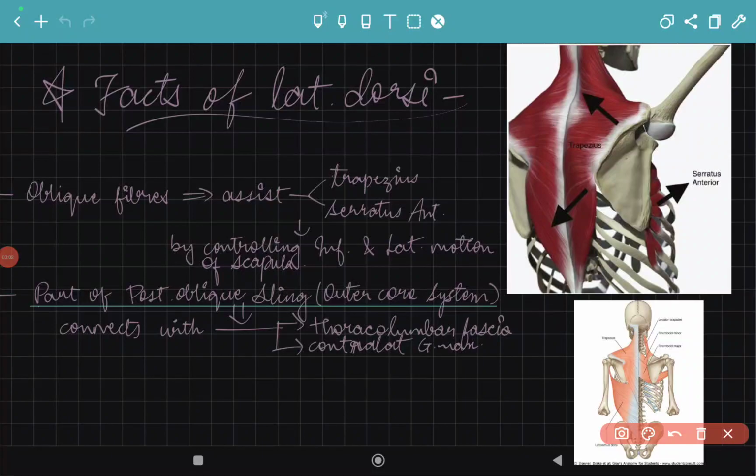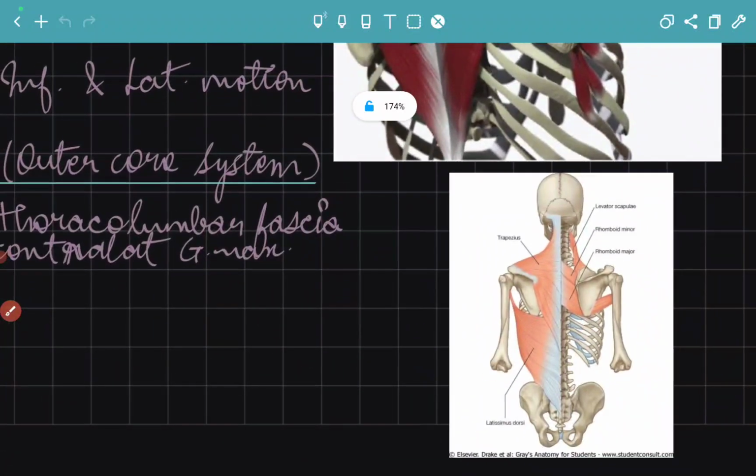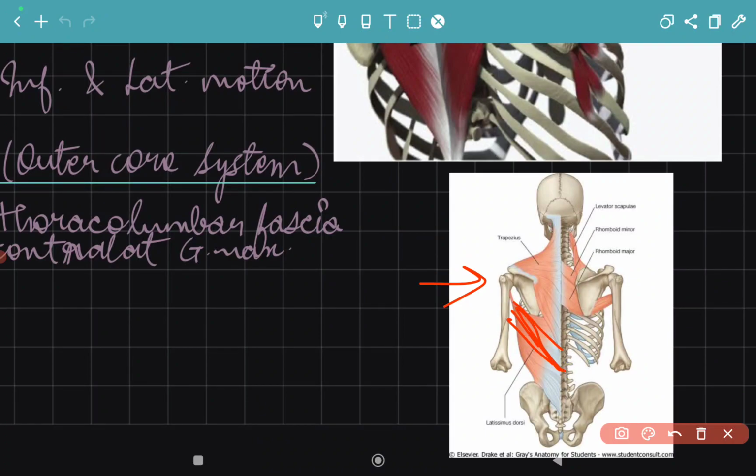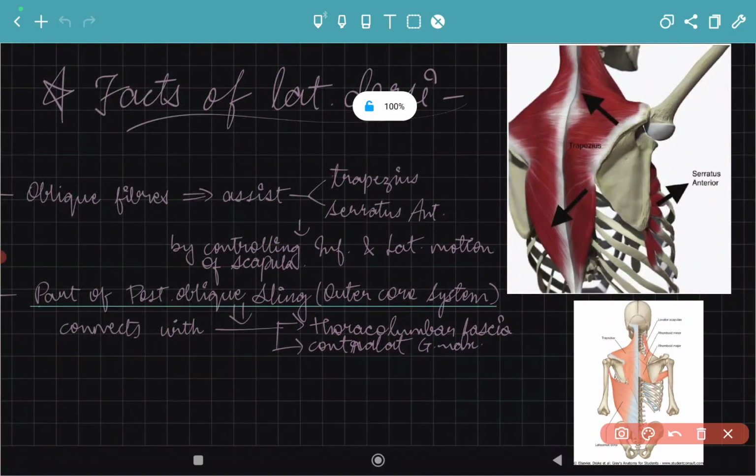Now let's discuss the facts of latissimus dorsi. As we can appreciate in this picture, the latissimus dorsi has oblique fibers, and these oblique fibers will assist trapezius as well as the serratus anterior by controlling the scapular motion inferiorly and laterally.